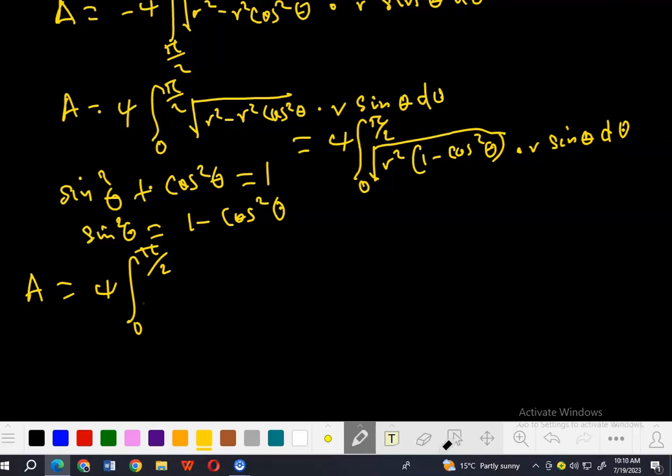So you will write r sine squared theta, r sine theta, and sine squared theta is like saying sine theta times another sine theta. So r sine theta again d theta. Write that down.